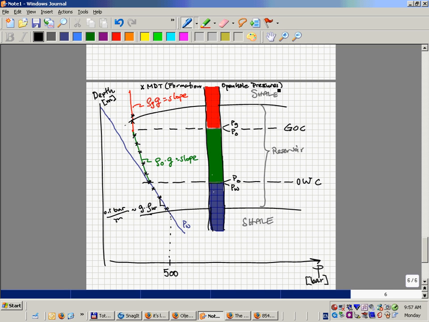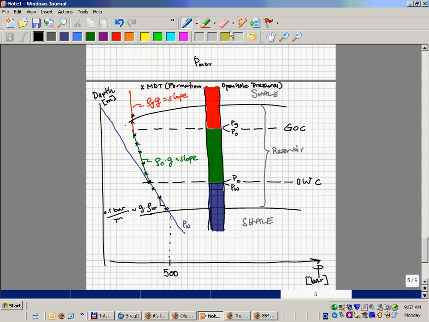Is it possible to measure also the oil pressure, or would we get a mixture, an addition of water pressure and oil pressure? Basically, the pressure you get is a mobility weighted average. Nobody's ever proven this, but I think it's right.